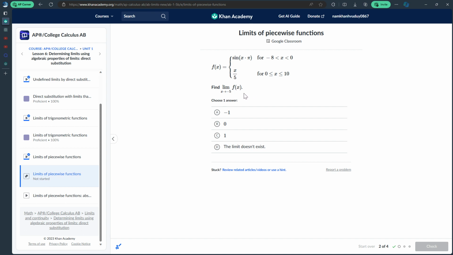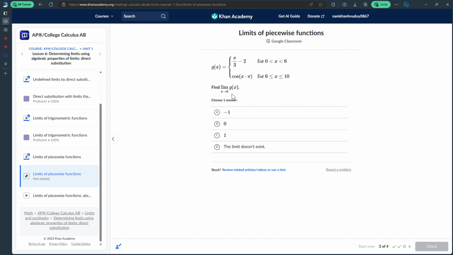So for negative 5, yes, we can see that the range is right there. So from negative 8 to 0, between them is negative 5. We can say negative 5 is between negative 8 and 10. So we're going to place the number negative 5 first. So the sine of the multiplication of negative 5 with pi is still 0.